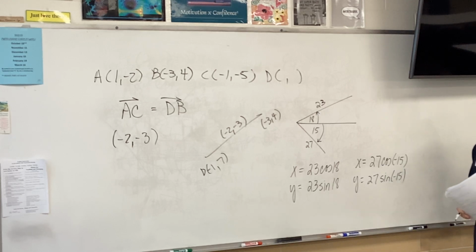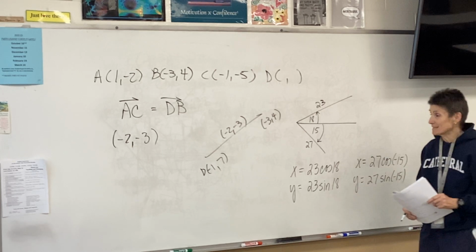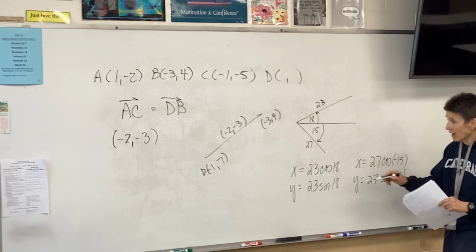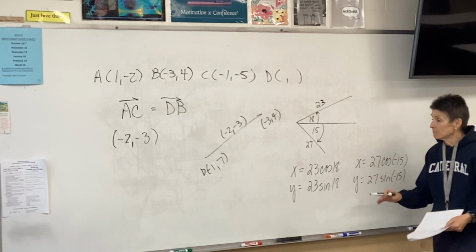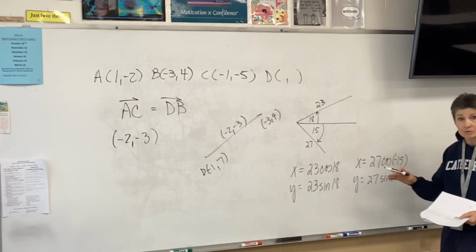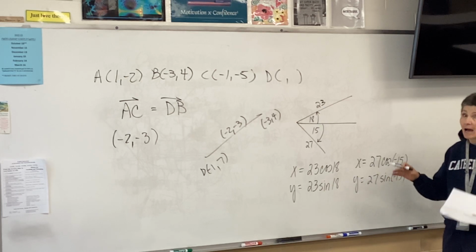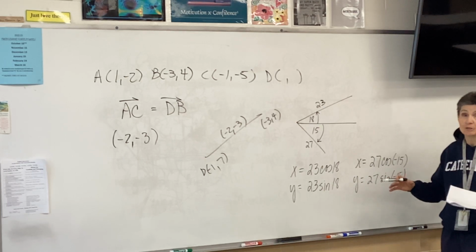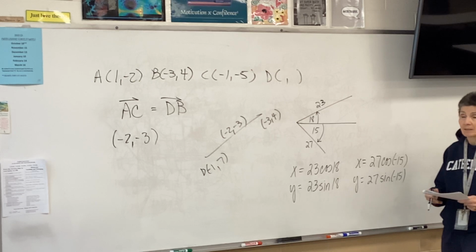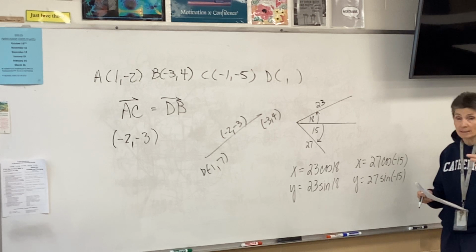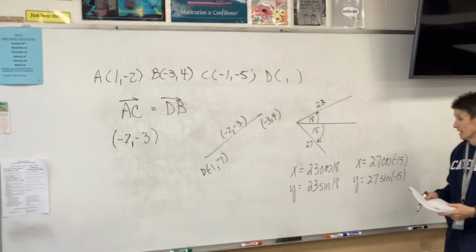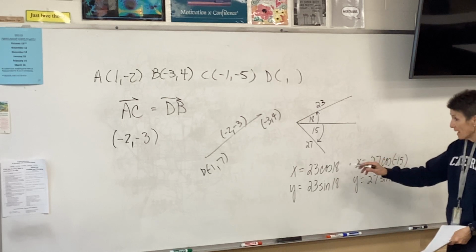Okay? Now, we're going to add those together. So we are going to find the resultant, the sum of those two vectors. We want to find out how hard they are pulling together. And then the dog is pulling back that much. So here we go. Add these together.